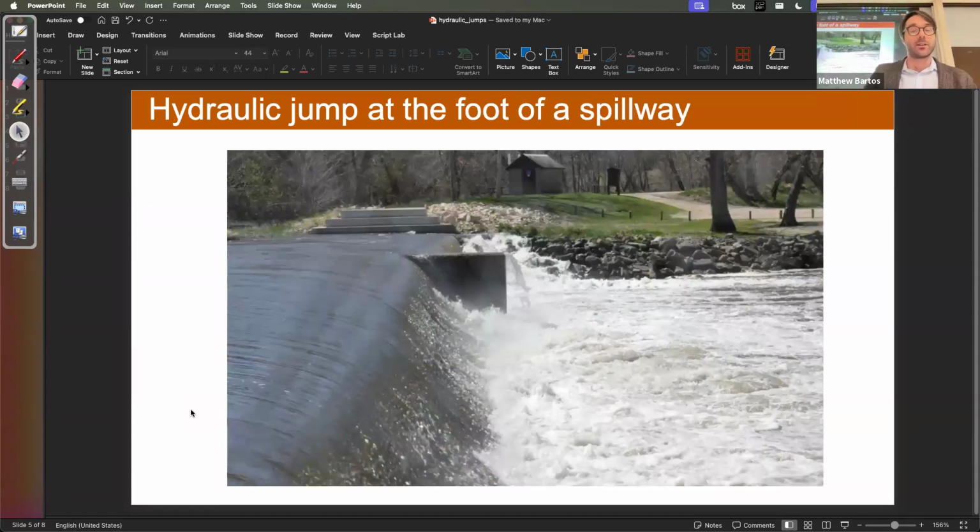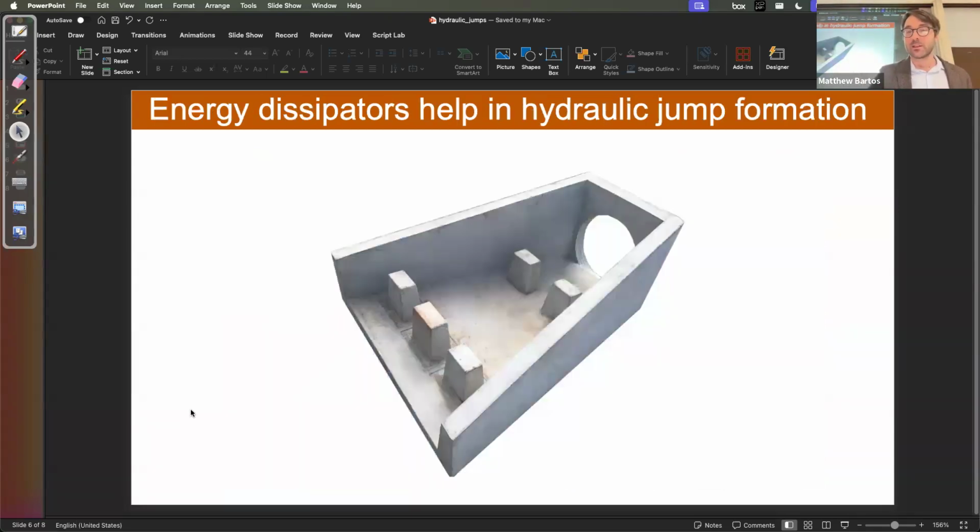Another place you'll find hydraulic jumps out in the real world is at the foot of spillways on dams. So here we have supercritical flow coming down this spillway. It encounters a hydraulic jump. And again, you'll get rotational turbulent eddies in the hydraulic jump and then subcritical flow downstream. So this is what a hydraulic jump would look like in real life.